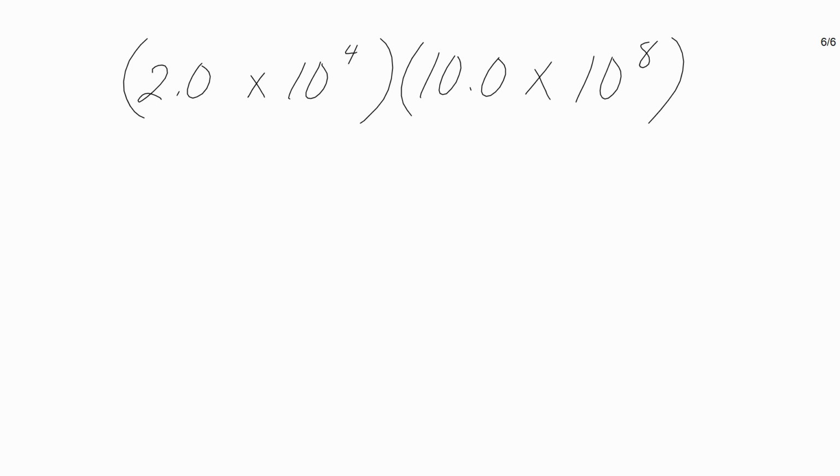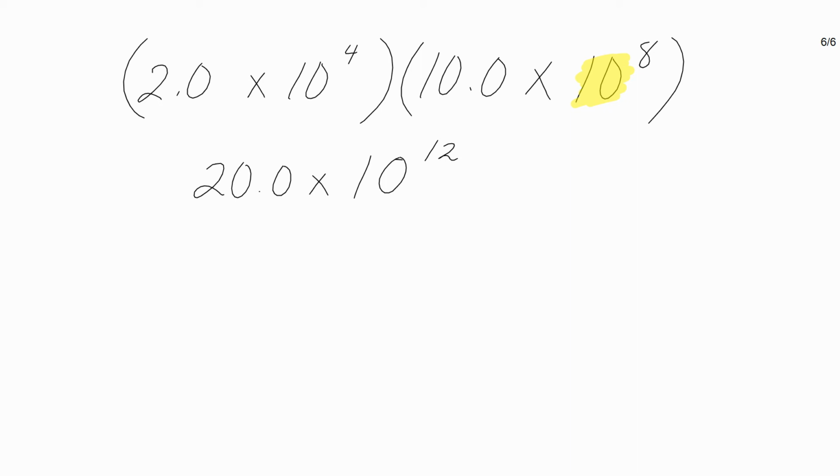It only takes you about 15 seconds to do this problem. What's 2 times 10? 20. And what's 10 to the 4th times 10 to the 8th? What's 4 plus 8? Why was I able to do that?